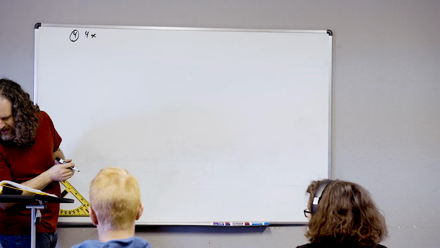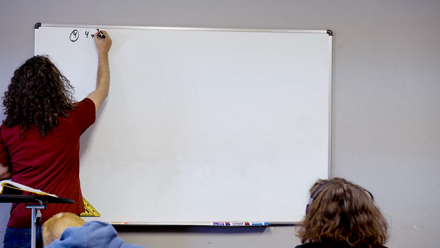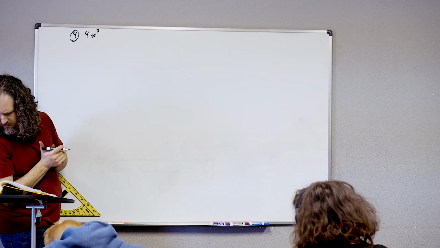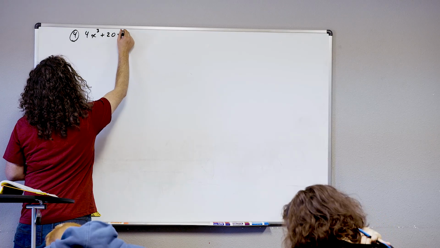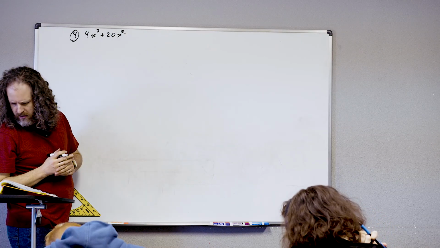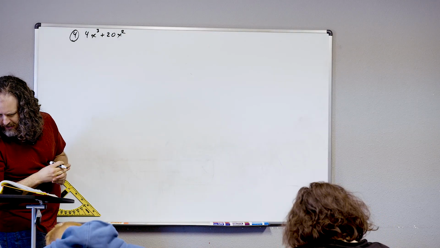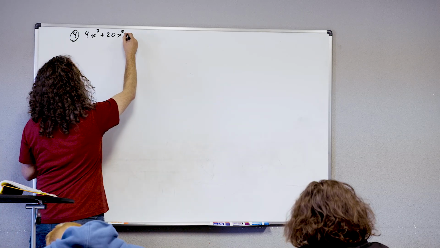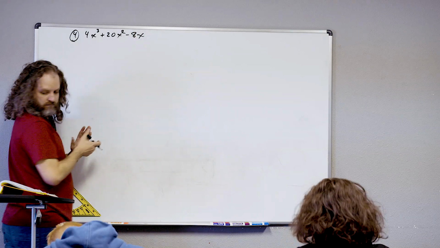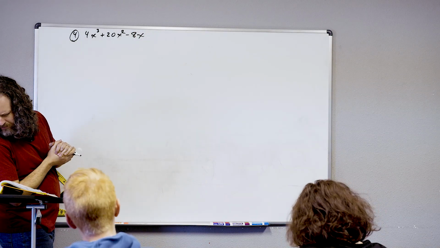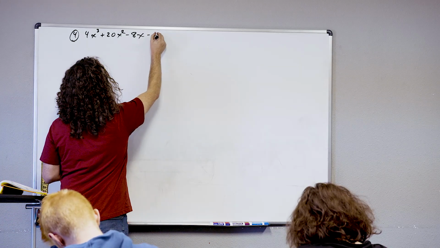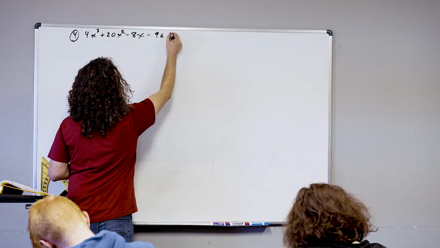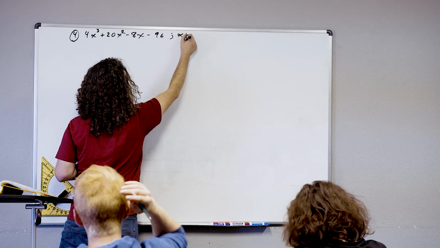I did not. 4x cubed plus 20x squared minus 8x minus 96. And we're dividing it by x plus 3, is that right?